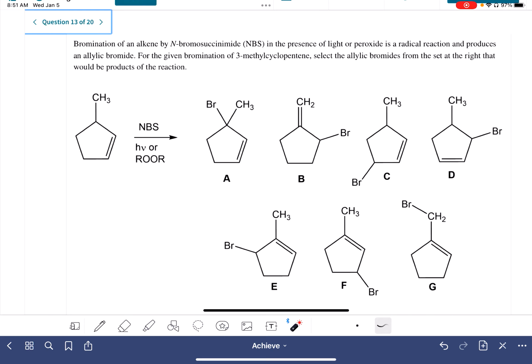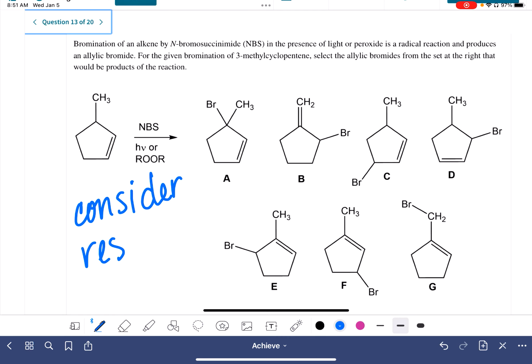So this problem is actually really tricky because you need to take into consideration the resonance structures that could be formed after the radical is formed, but before the bromine is added to the molecule.